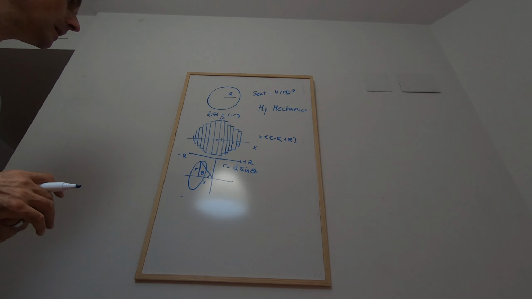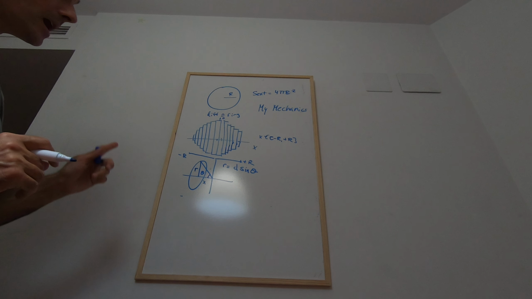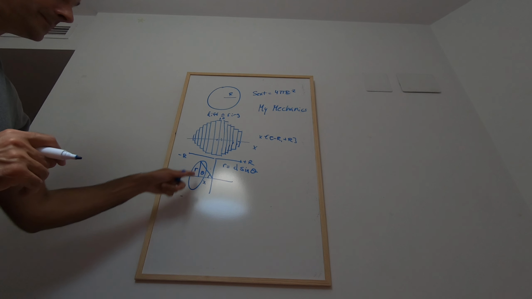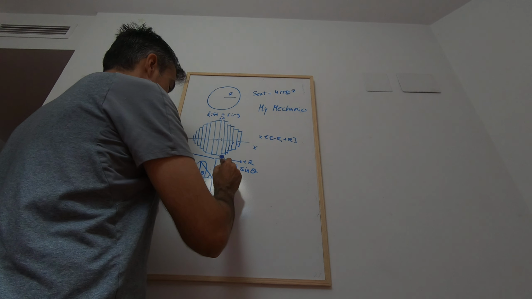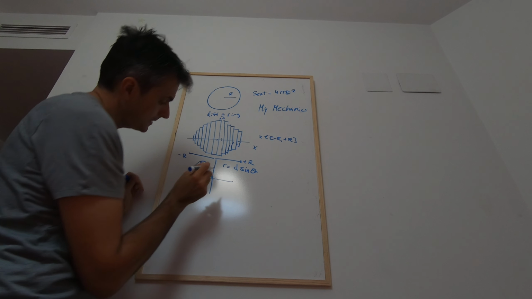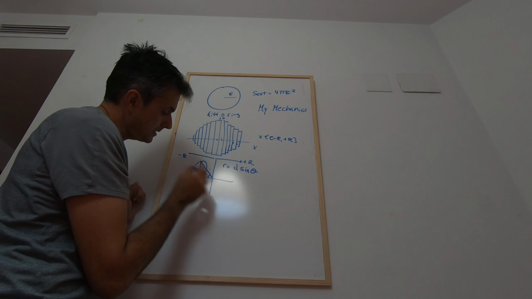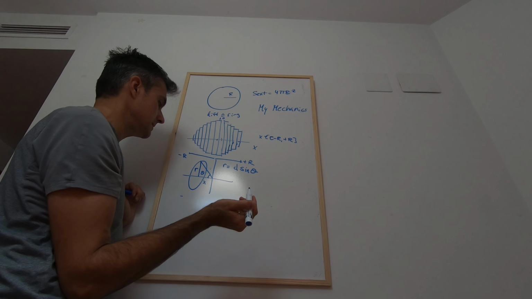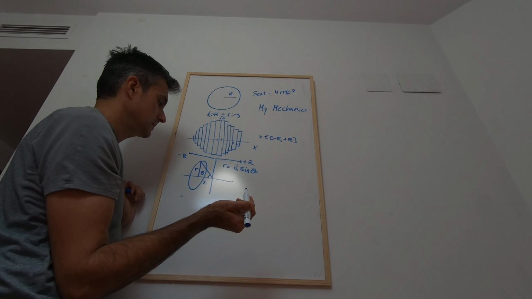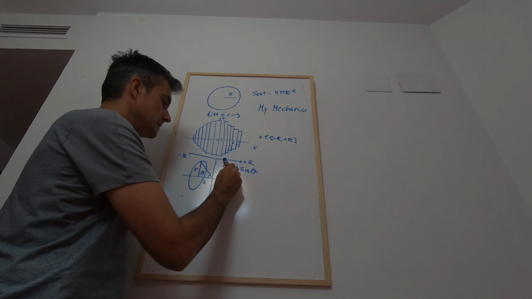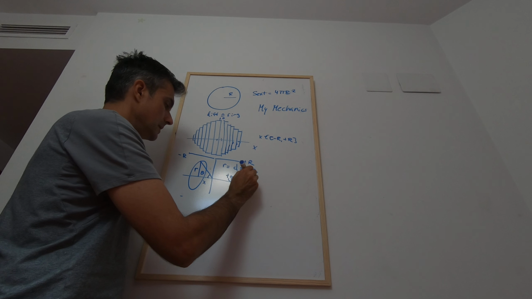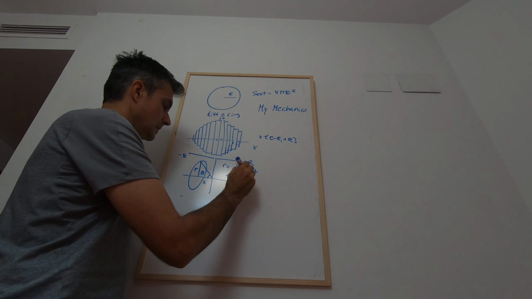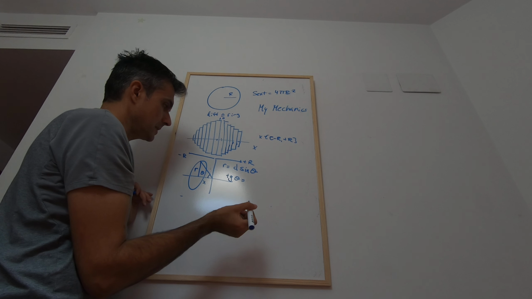But what is the problem? I can relate the radius with x through a tangent. Tangent of theta is sine divided by cosine.